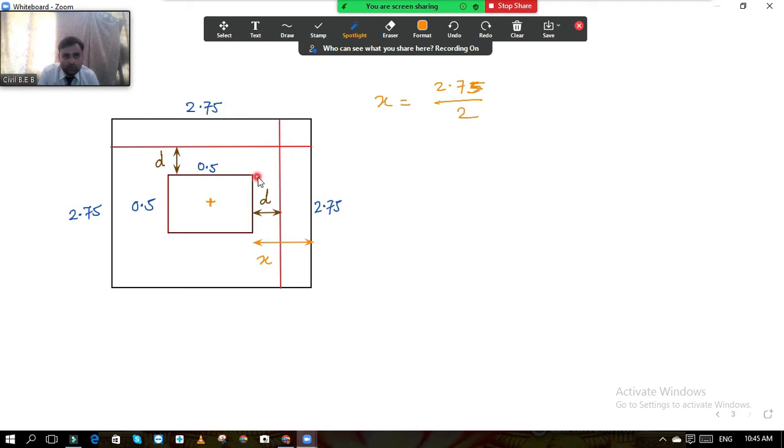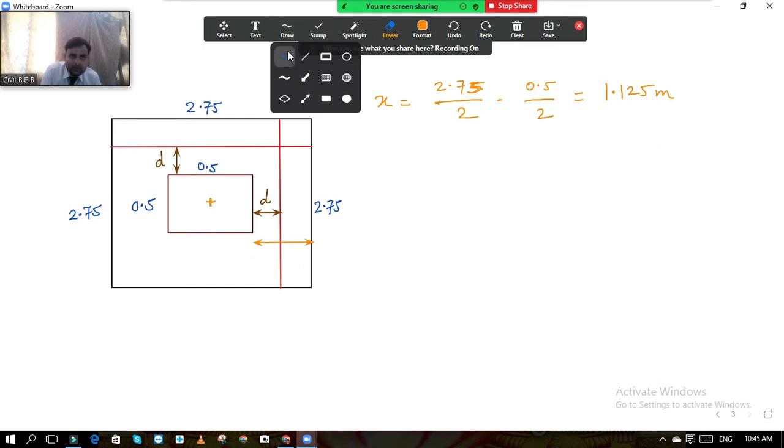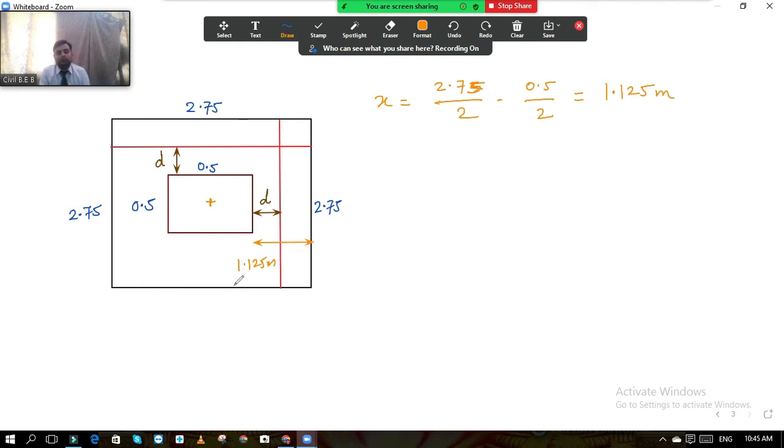So if this total is 0.5, then this will be 0.5 by 2. If I subtract 0.5 by 2 from here, you will get the answer, and that answer will be 1.125 meter. So this x is nothing but this distance, 1.125 meter. Okay, this is 1.125 meter.